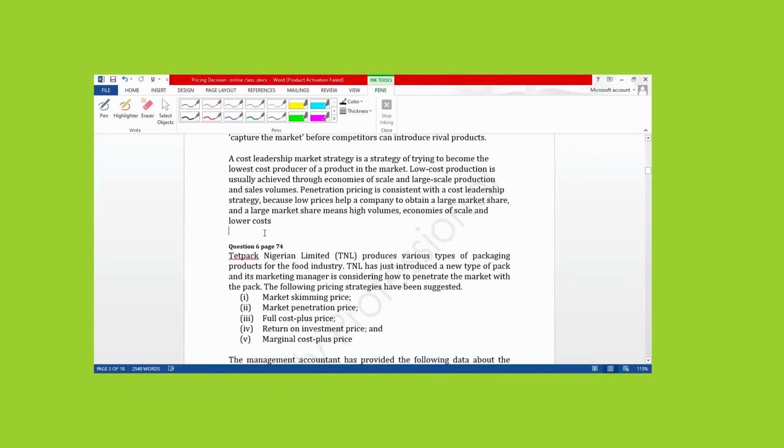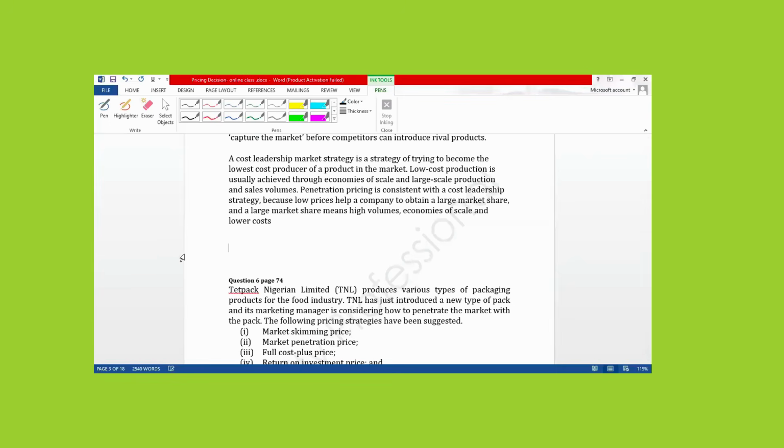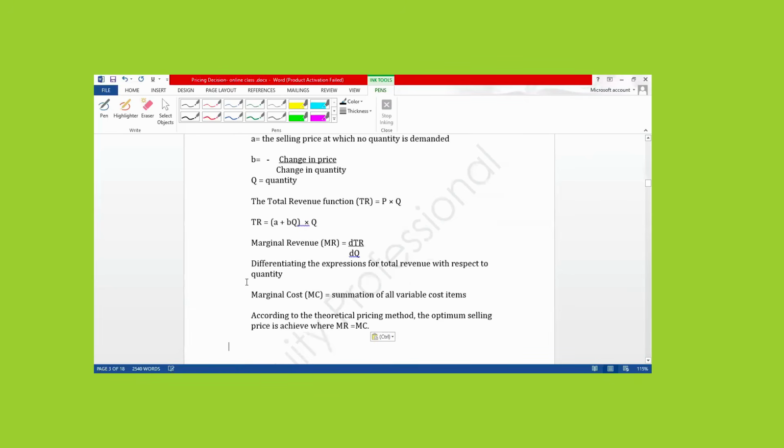We also discussed methods that can be used to set selling price. What are these methods?